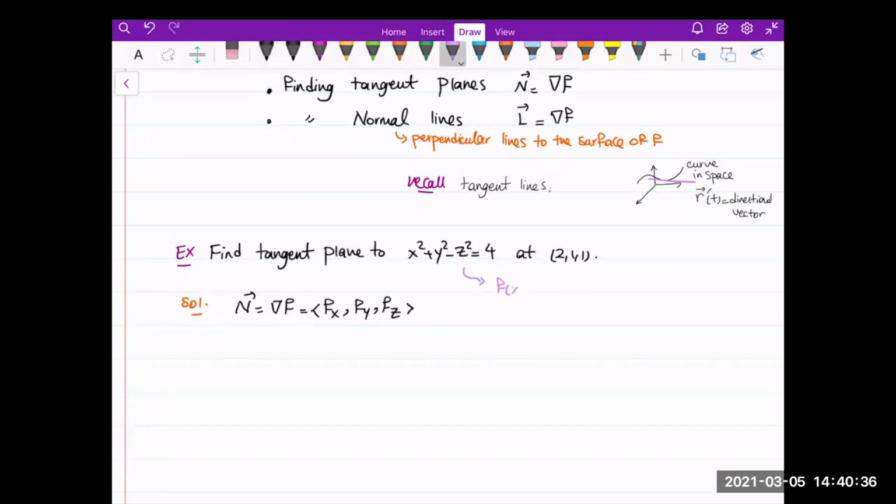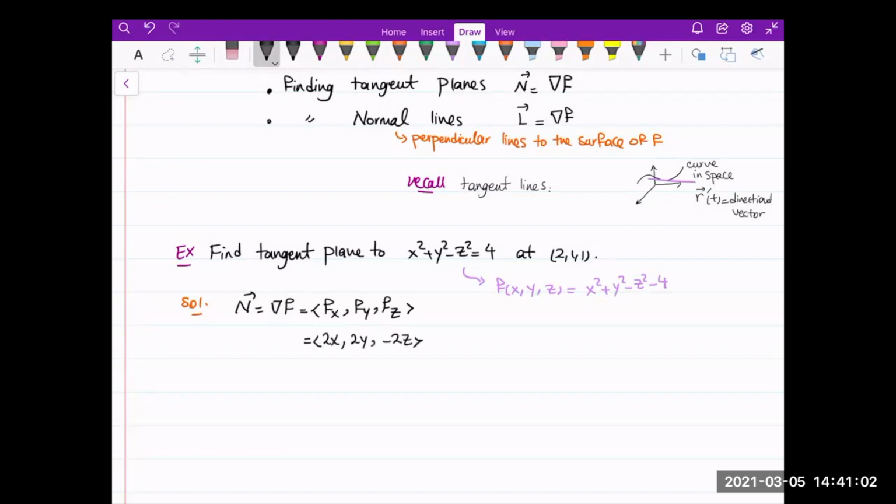Every time that I give you some explicit formula, you need to come up with the function. So it would be x squared plus y squared minus z squared minus 4. So the gradient vector is 2x, 2y, negative 2z.